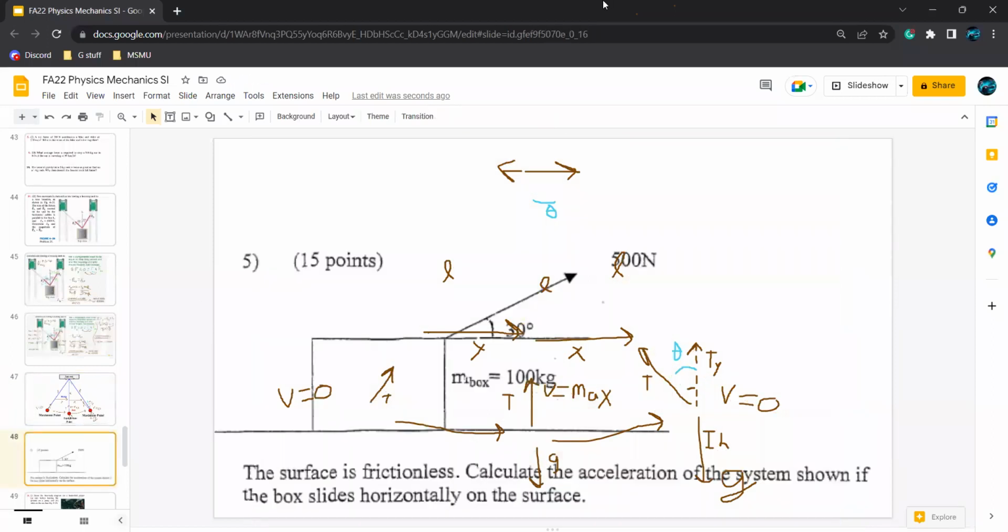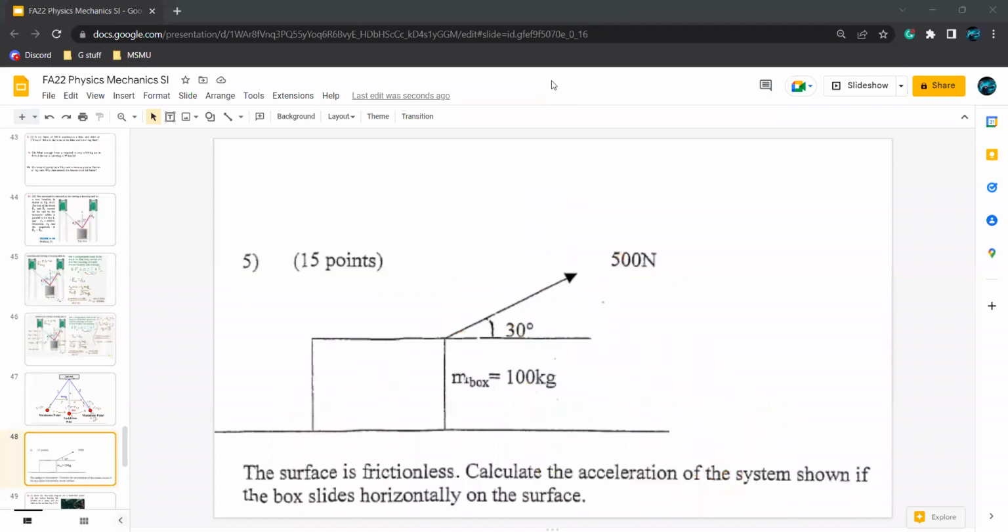I'm just gonna continue on to another practice problem. So we were doing force body diagrams, right? So this is a very simple one from one of the practice tests. So here you have a surface, right? And it's frictionless, so you're ignoring friction. You know that this is going to be the normal force, right?